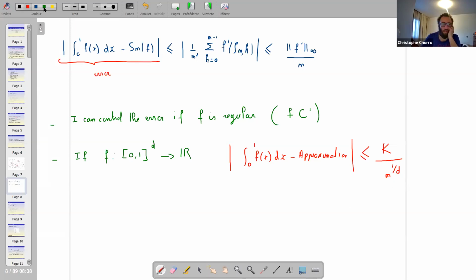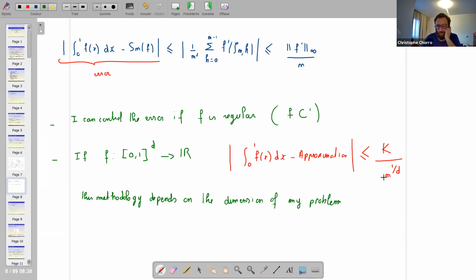So this methodology depends on the dimension of my problem, with the deterioration of the control of the error if I increase the number of variables in the problem.